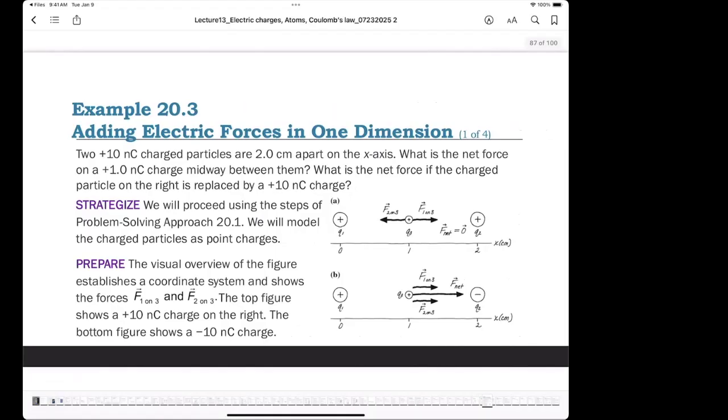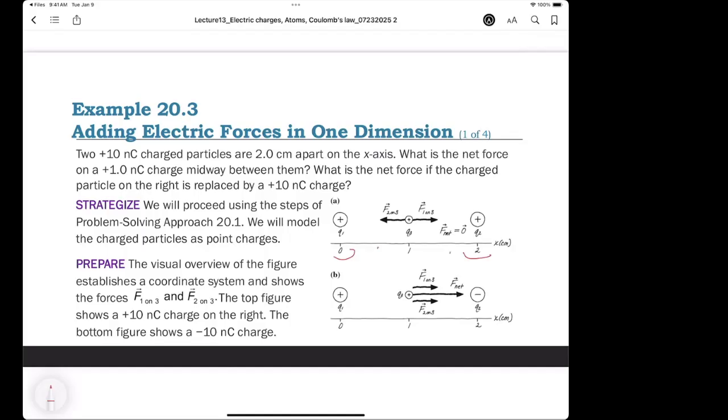Two positive 10 nC charged particles are 2 centimeters apart on the x-axis. Here there is one, and there is another one. Those two are 10 nC charged particles.